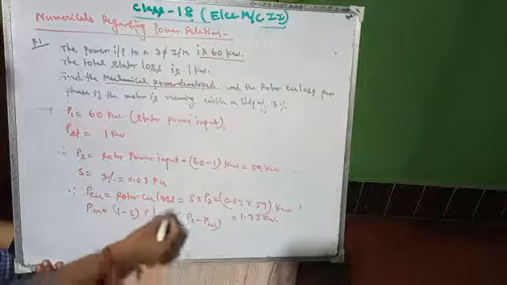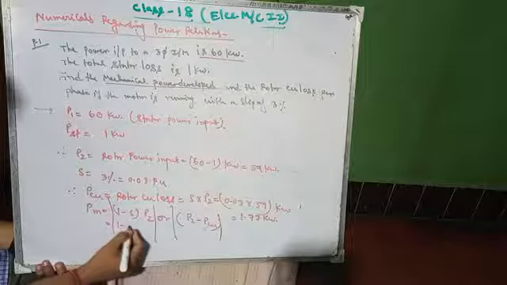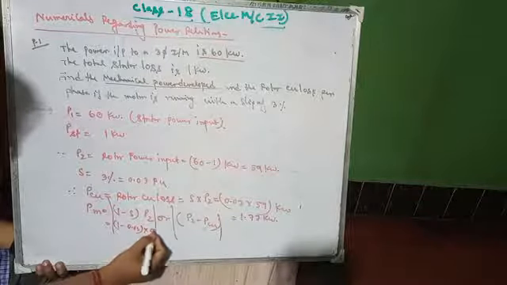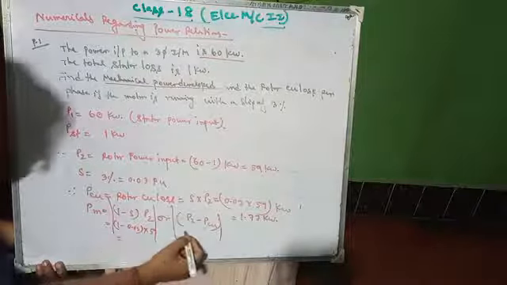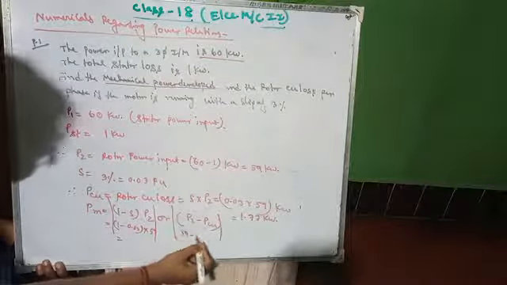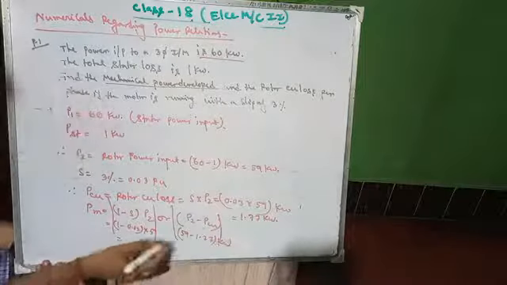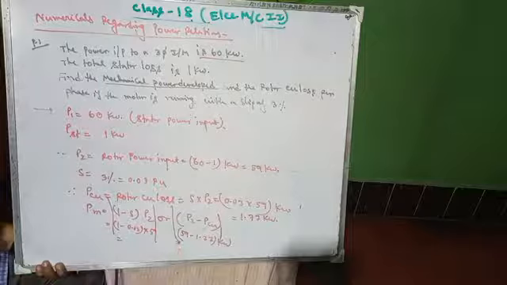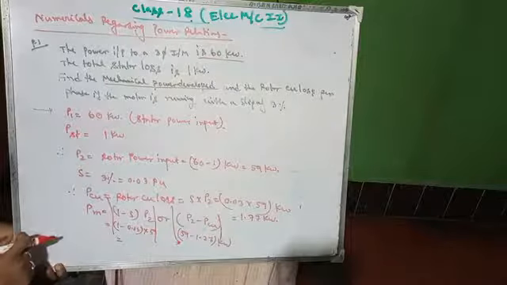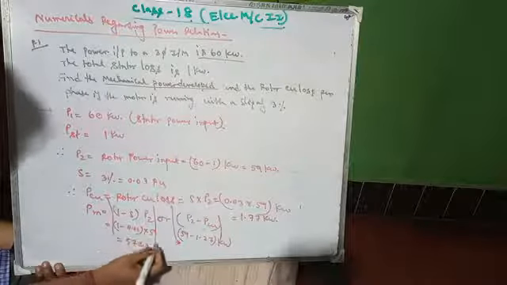So 1 minus 0.03 into 59, or 59 minus 1.77 kilowatt. Whichever you use, you have your answer: 57.23 kilowatt.